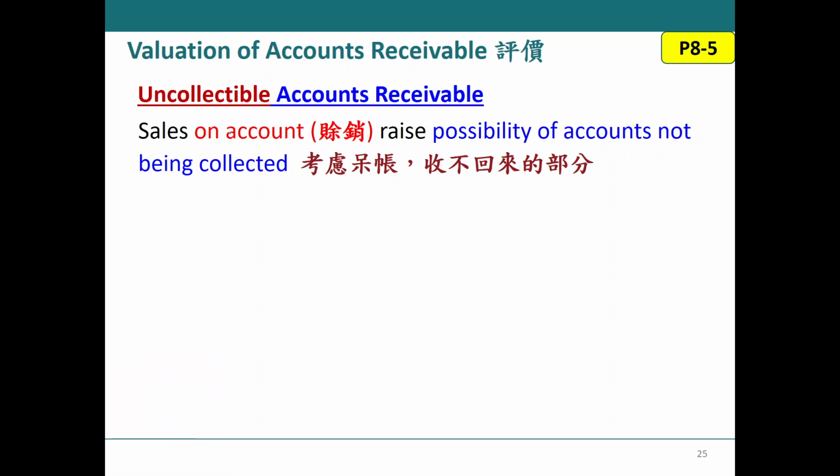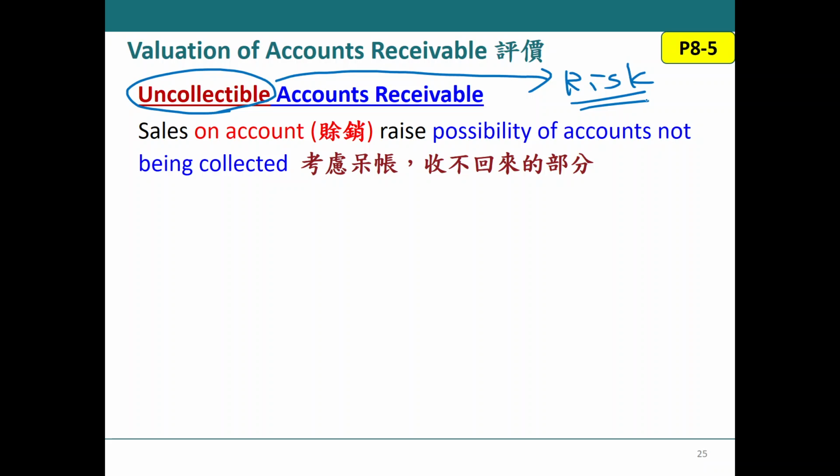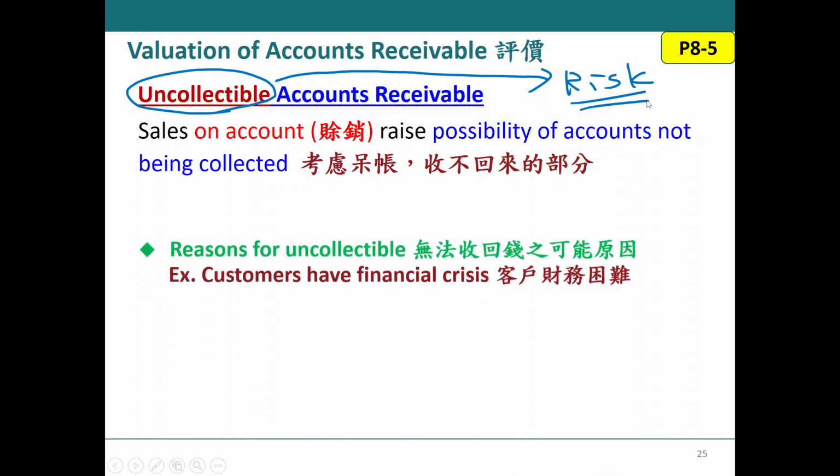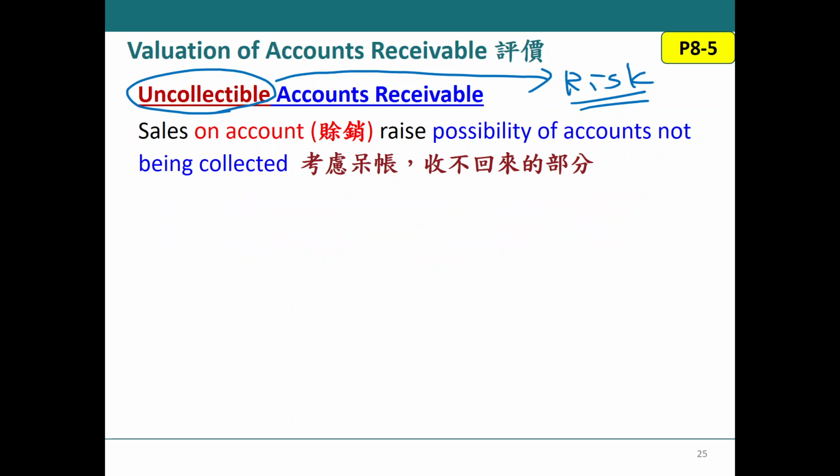So we think about this part, our risk, 无法收回的部分。Okay, then why maybe customer cannot pay back the $80?